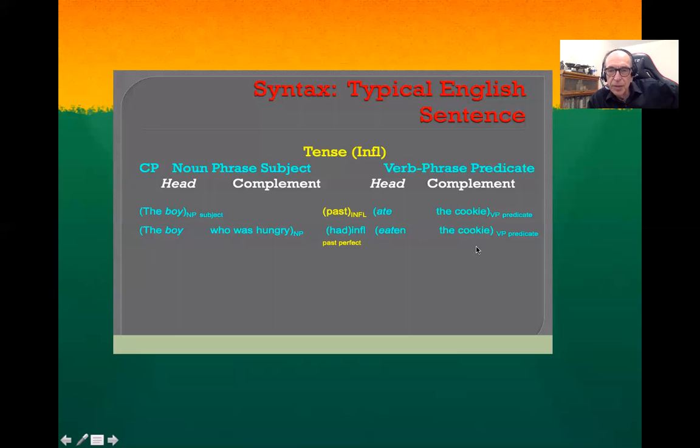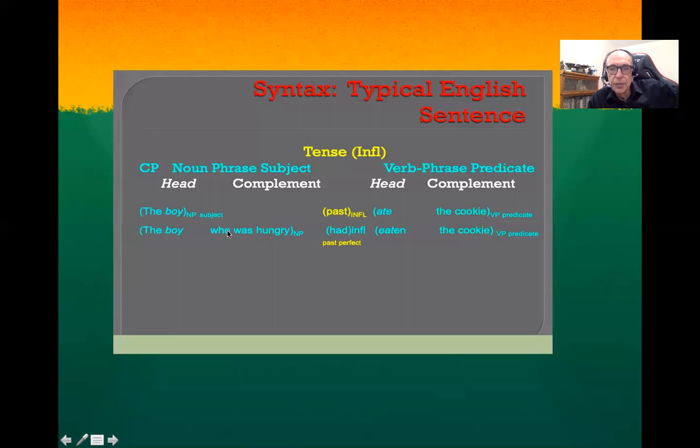That's a way more complicated sentence, a bit more complicated. You have a complicated subject. You still have the boy as the head, but you also have an embedded clause called a relative clause, right? Because it's a complement of this head and it's part of the noun phrase subject.